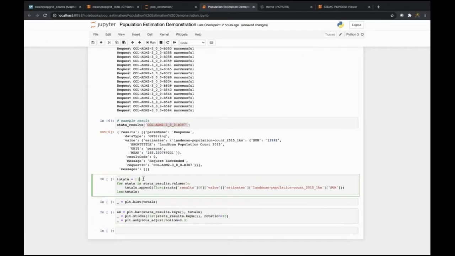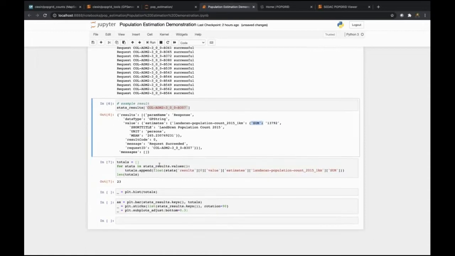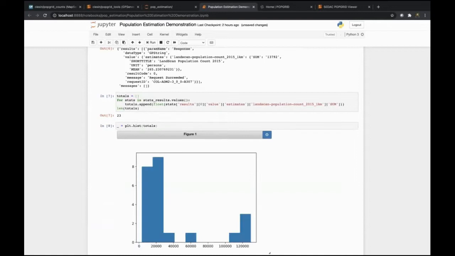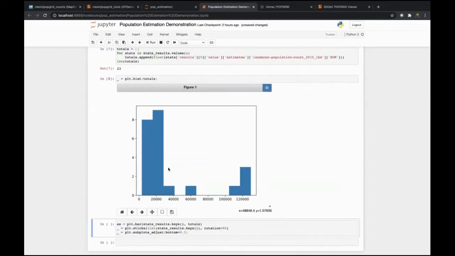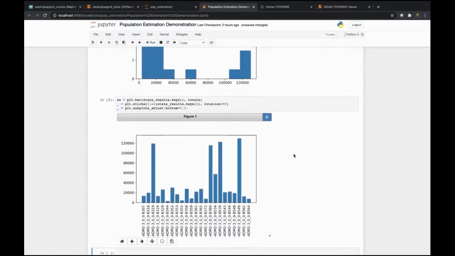I can then pull out the totals, just the sum. So I'm just pulling out the sum from all results and plotting it. So here's a histogram across all the admin units showing the population and the number of units that fall in that bin. More useful might be just a simple bar chart. And I can plot that with just 3 lines of code.